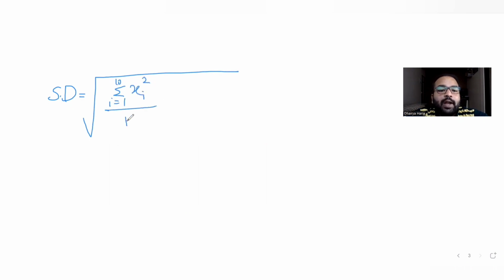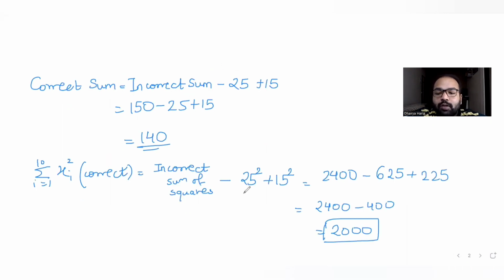Next, the standard deviation is nothing but the square root of summation i equals 1 to 10 xi square by n minus x bar square. I already know the correct sum of the squares of observations, that is 2000.